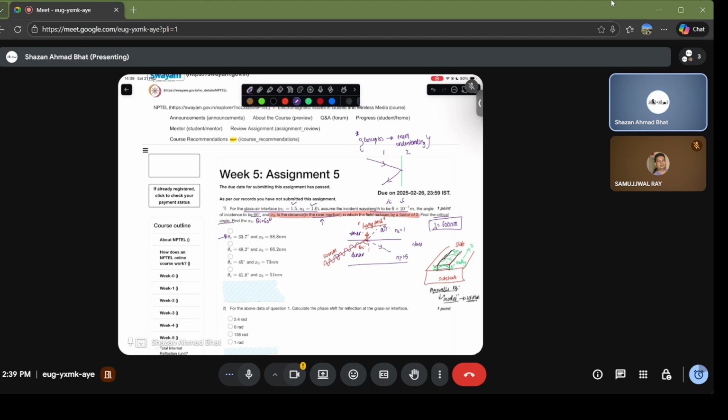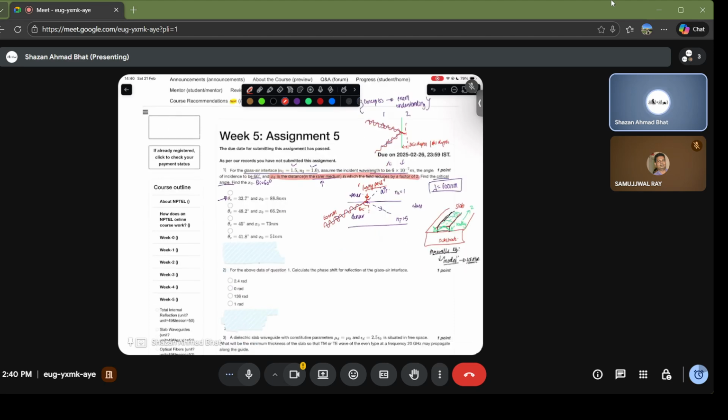So if the wave comes in like this, it will get reflected like this with a certain phase change, but at this point it slightly leaks into this medium. This exponentially falls, and the distance up to which it exponentially falls is in different contexts sometimes called skin depth, sometimes called absorption depth. There are different terminologies for it.